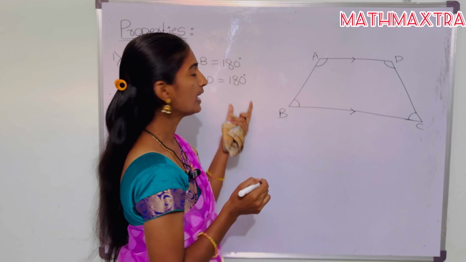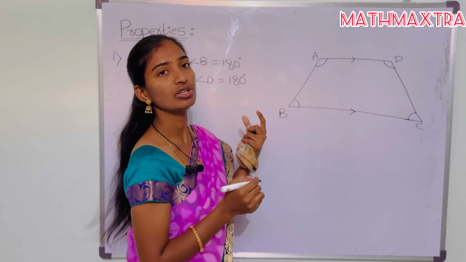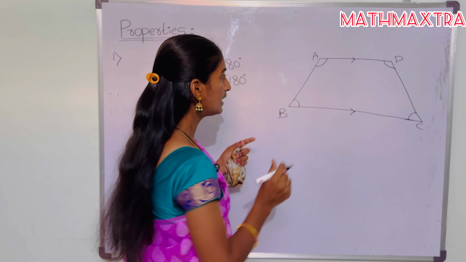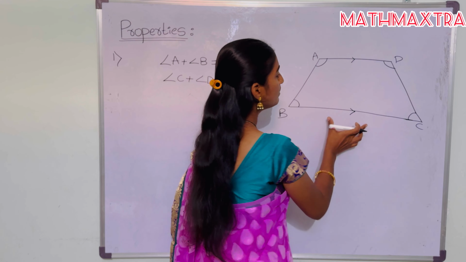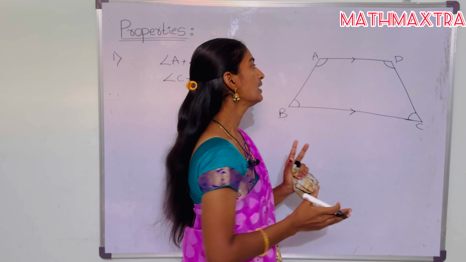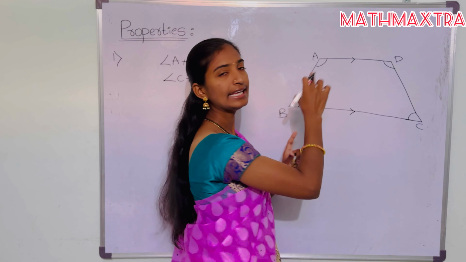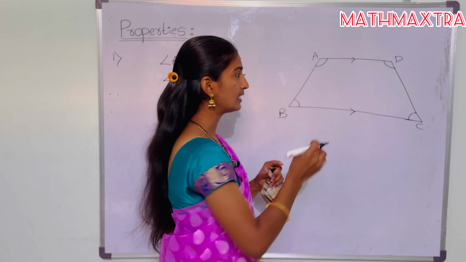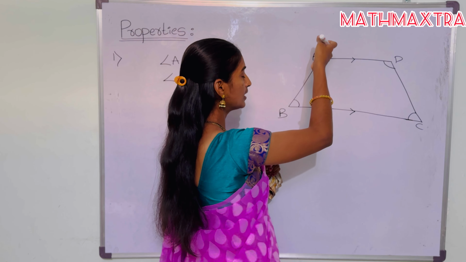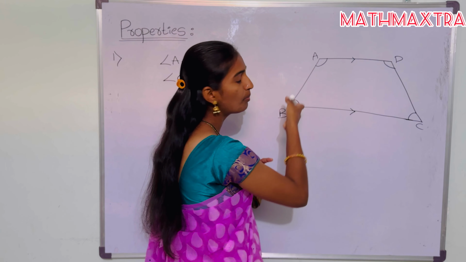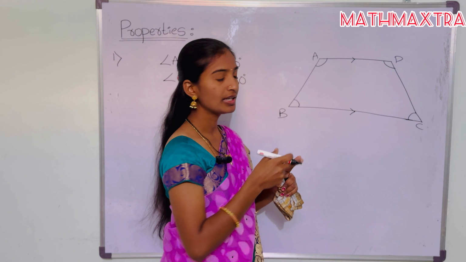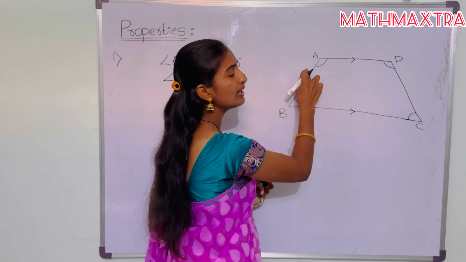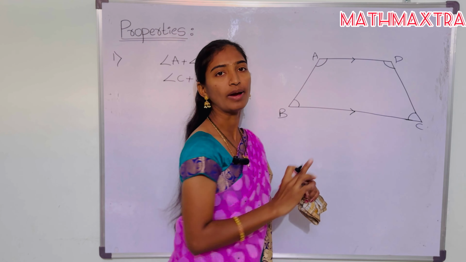How can we say these two angles sum is equal to 180 degrees only? See, as AD and BC are two parallel lines, we can take AB as a transversal line, isn't it? This line is intersecting these two parallel lines at two different points. That is why we can say this AB is a transversal for these two parallel lines.